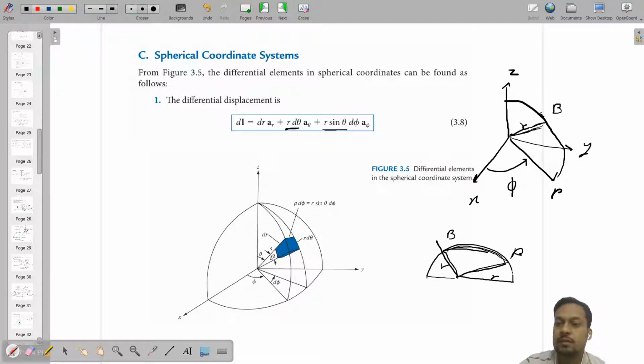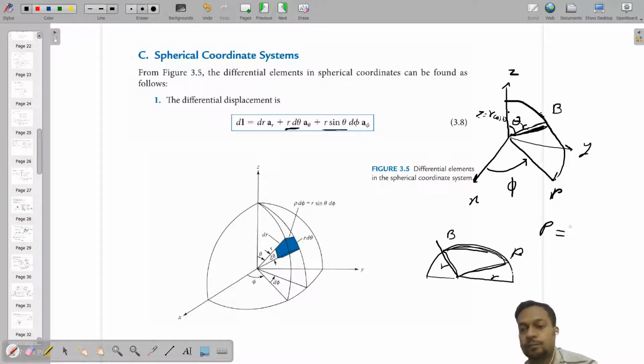Here z is equal to r cos theta, and if this angle is theta, then from this line over the point P, the component can be written as r sine theta.